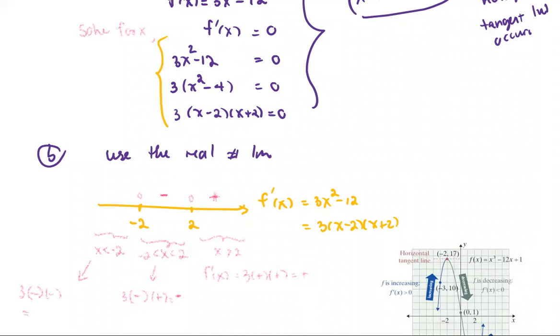So the overall sign of f prime within this interval is positive. Now we have a positive sign for f prime on the interval less than negative 2 and the interval greater than 2. The negative sign of the derivative, meaning the decreasing graph, occurs on the interval between negative 2 and 2.